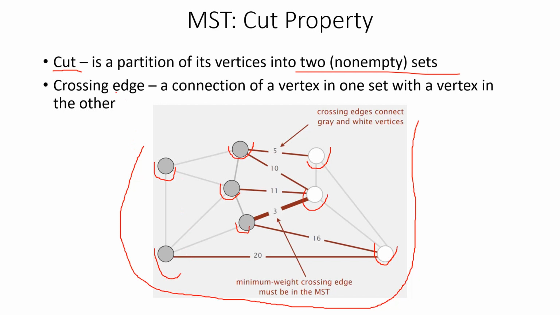A crossing edge is an edge that connects the two separate sets. For example, this edge, this edge, and these edges are crossing edges because they connect vertices from two different sets. Among all these edges, this edge has the minimum weight.